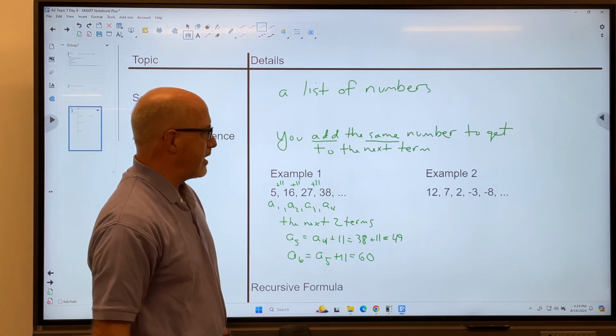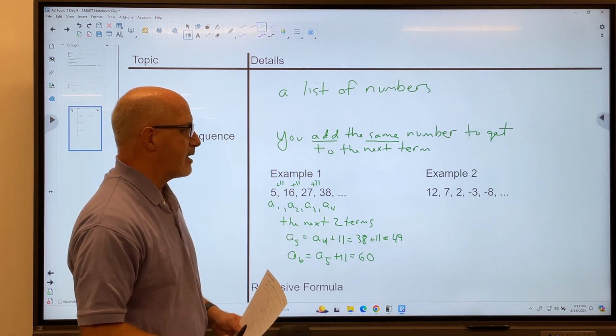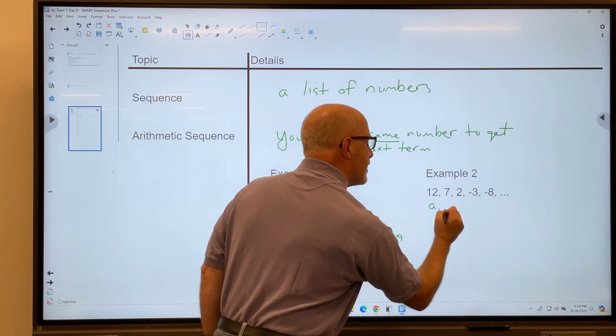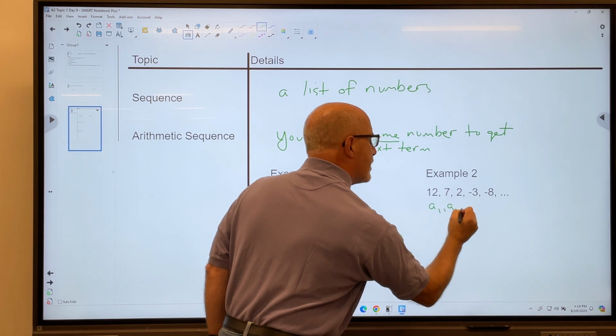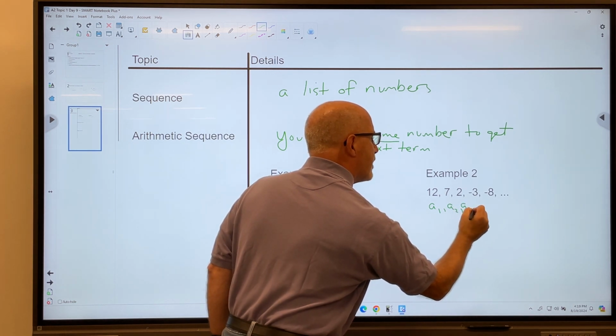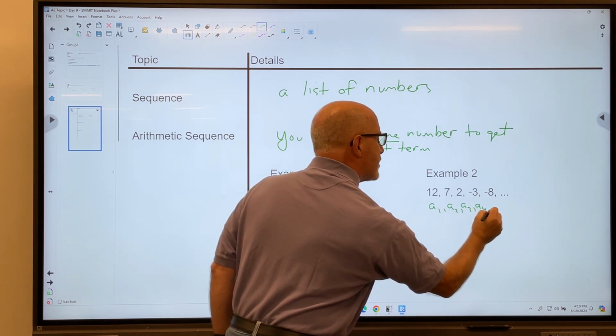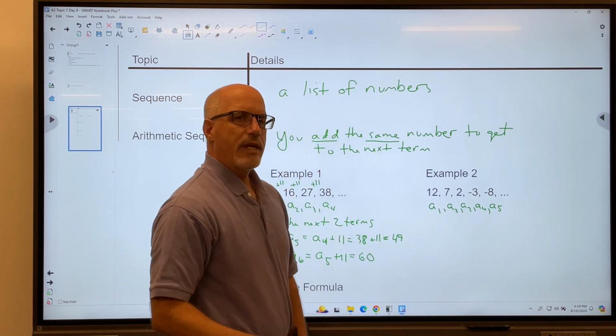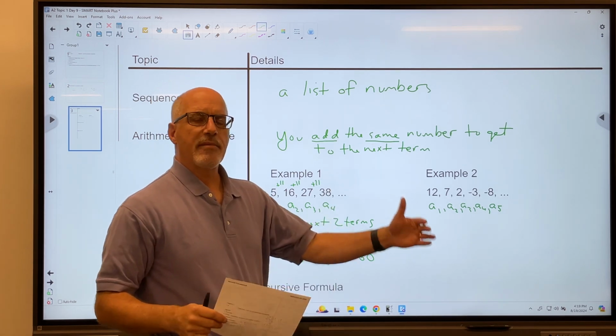Let's go ahead and see if we can describe that with example 2 here. Again, this is our first term, our second term, our third term, our fourth term, and I actually give you the fifth term in this one. So what are we adding on each time to get to the next one?